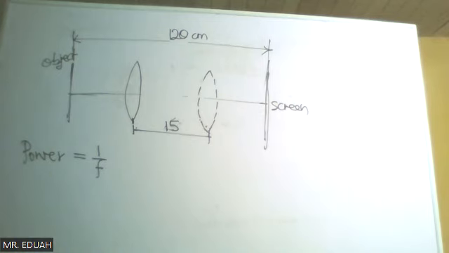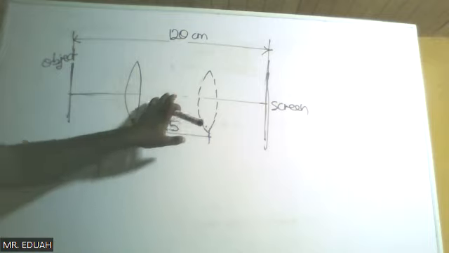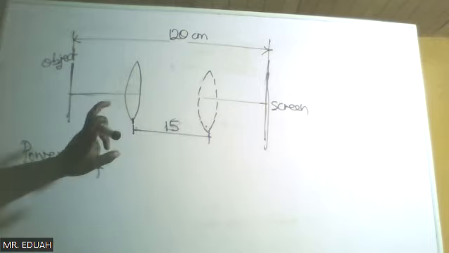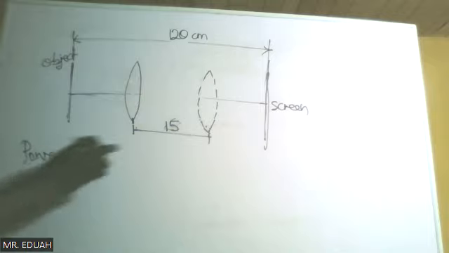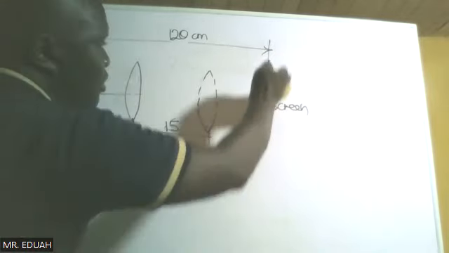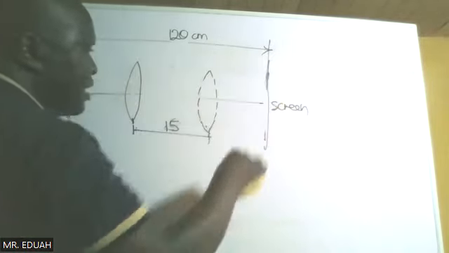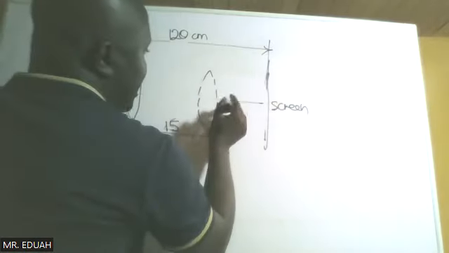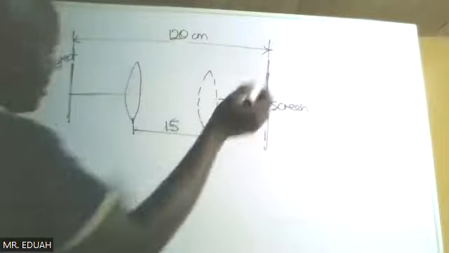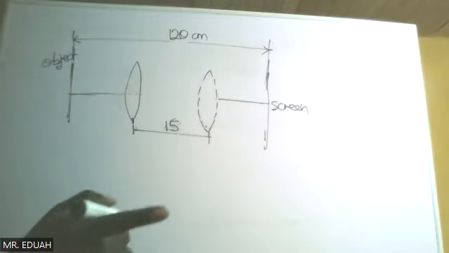So it simply implies that when we are able to find the focal length of the lens, we can find the power. We went through this. I derived the relation with you, how to find the focal length using the method of displacement. And that's how we did that.